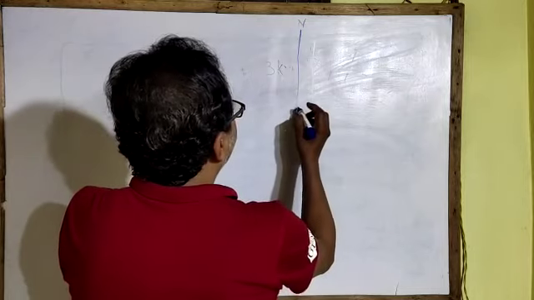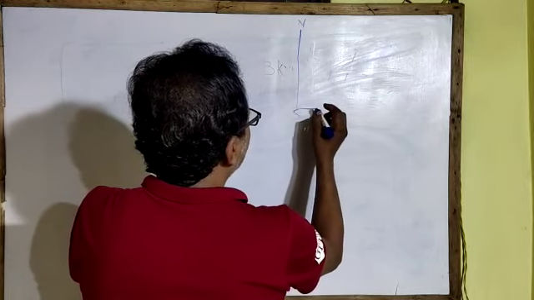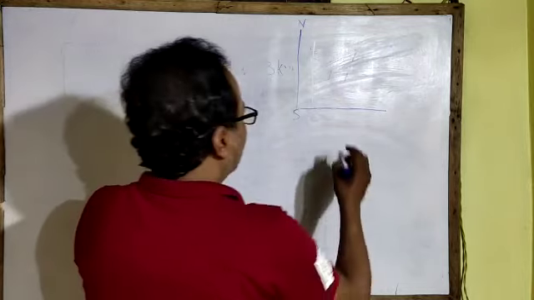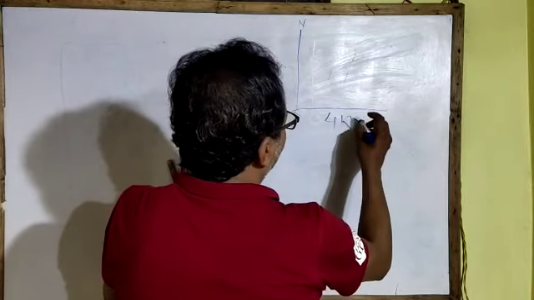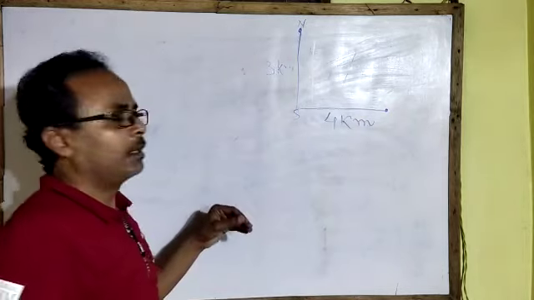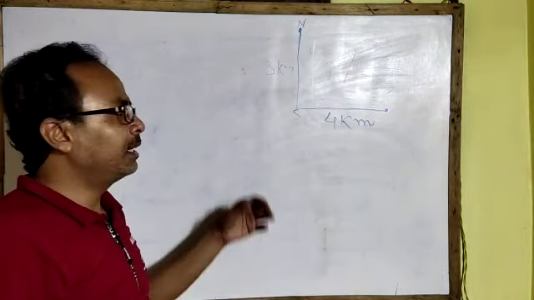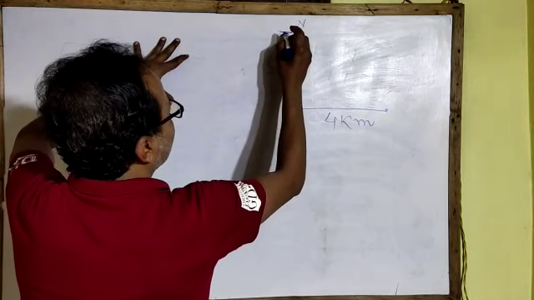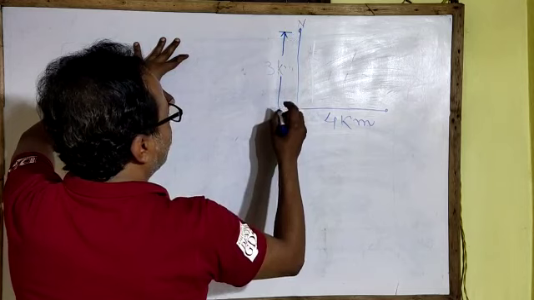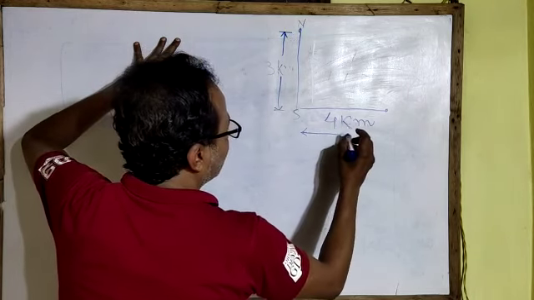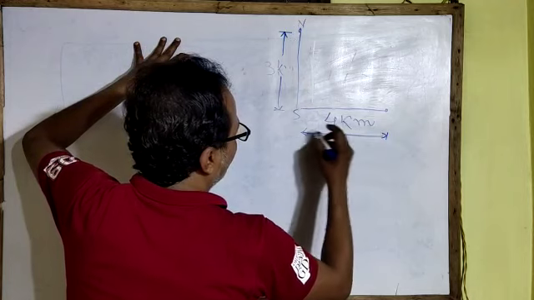Now again he has traveled from south to east, 4 kilometers. What is the distance he has covered? He has covered 3 kilometers and 4 kilometers.